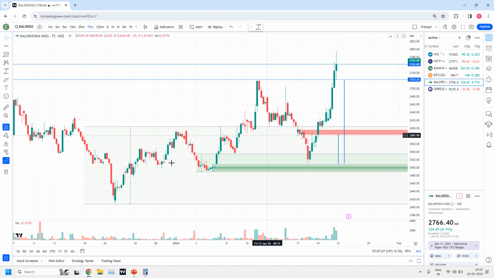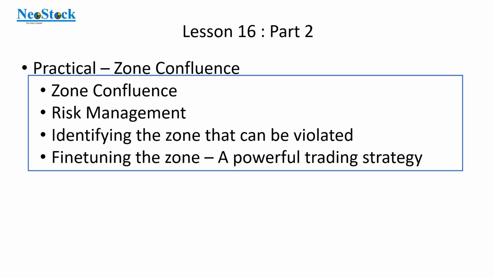So, which approach am I following for the NeoStock high liquidity zones? I am following the fine tuning the zone concept. It is a two-step process. The first step, LTF is inside ITF, ITF is inside HTF. But the HTF zone is a high liquidity zone generated by NeoStock software.